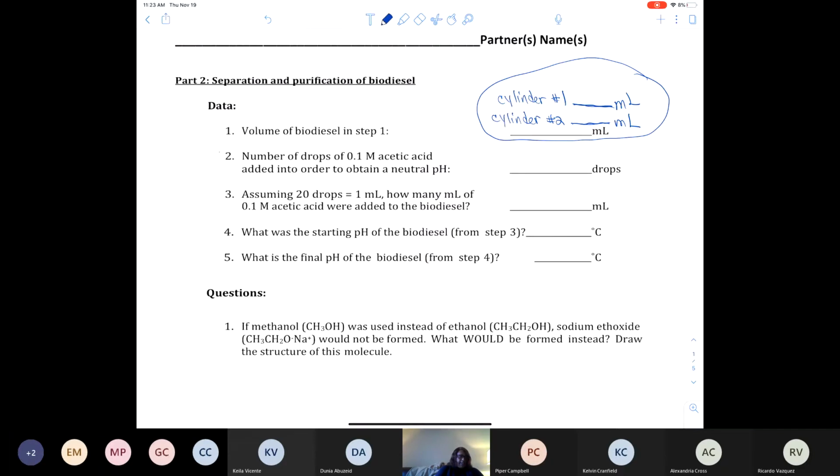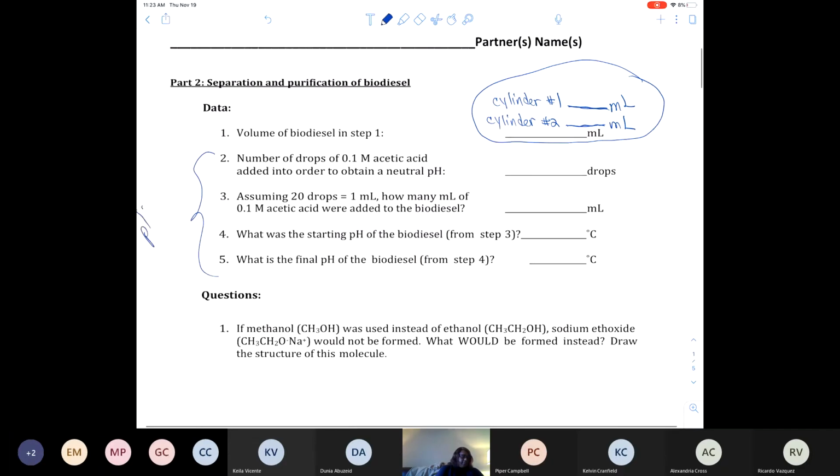And then the rest of the data that you'll collect is pH data. And so you'll note how many total drops of acetic acid were used to neutralize, and then convert those drops to milliliters, knowing that 20 drops is 1 milliliter.